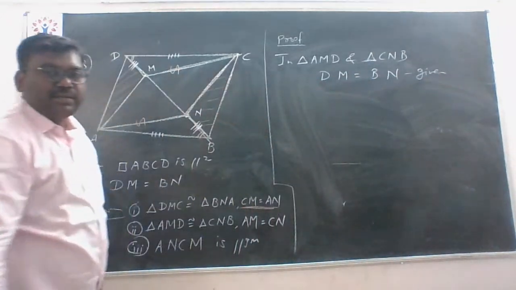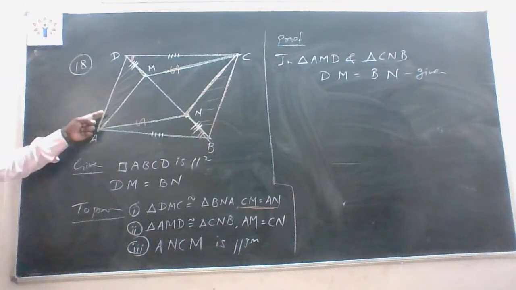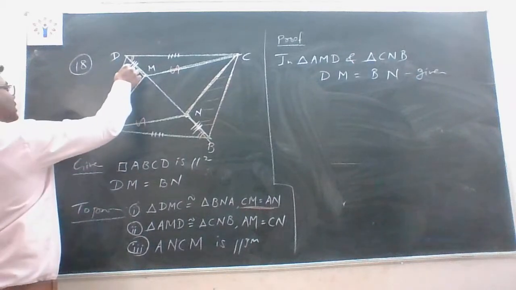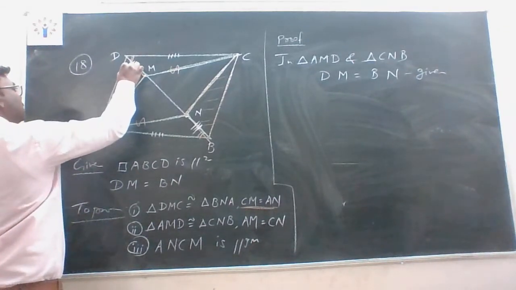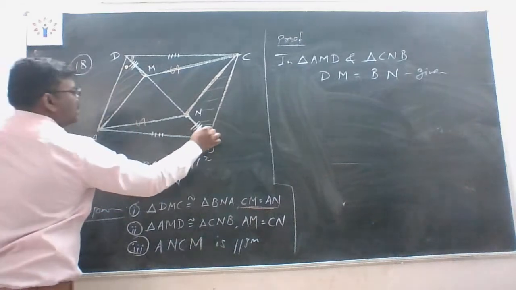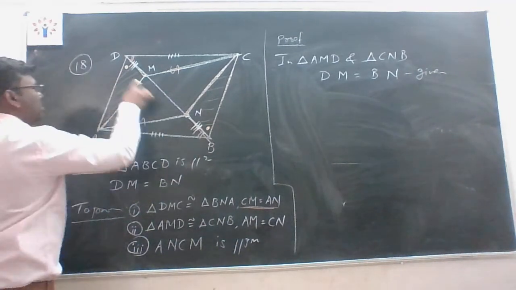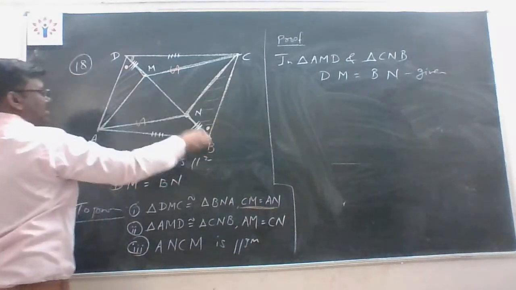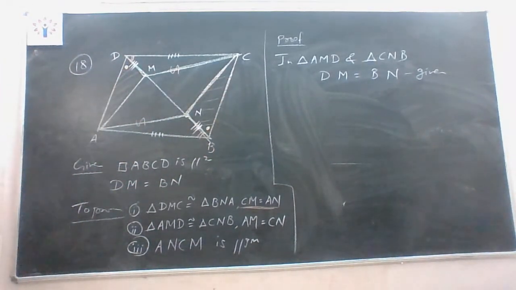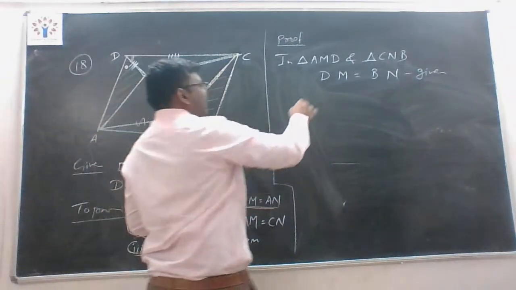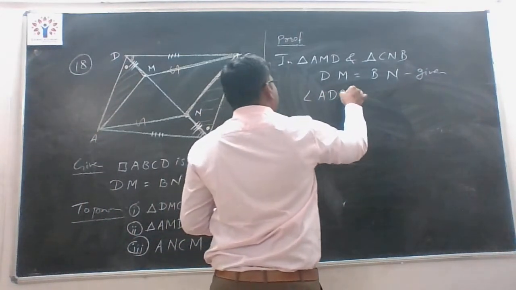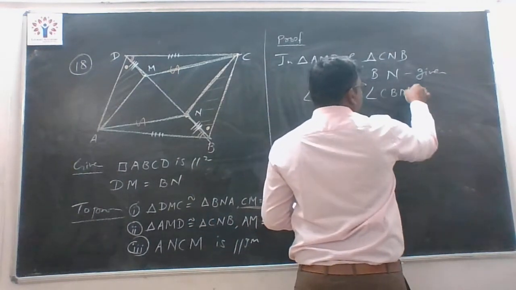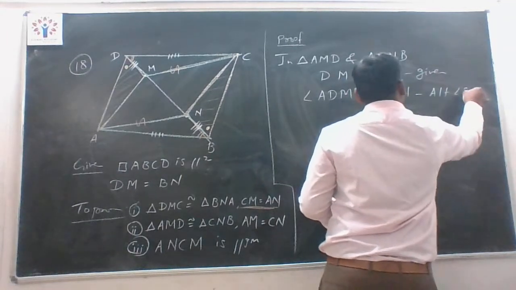Next, these two angles. This is the angle and this is the angle. These two angles are equal. Formation of N, that means alternate angles. Angle ADM is equal to angle CBN. The reason is alternate angles.